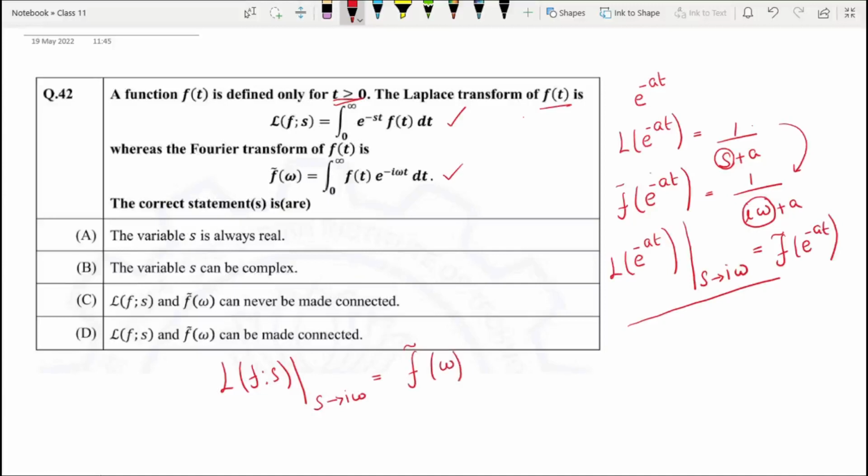So we can say that Laplace and Fourier transformation can be connected. They both are related with each other. So option D is a correct one. And here the value of s is a complex one. So the variable s can be a complex one. So the answer is option D and option B.